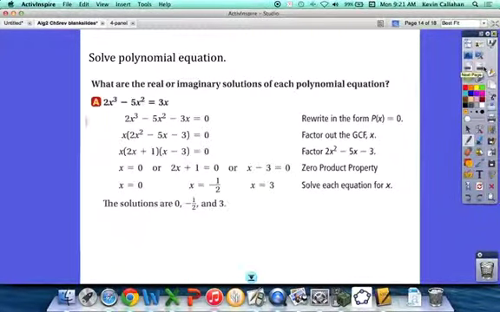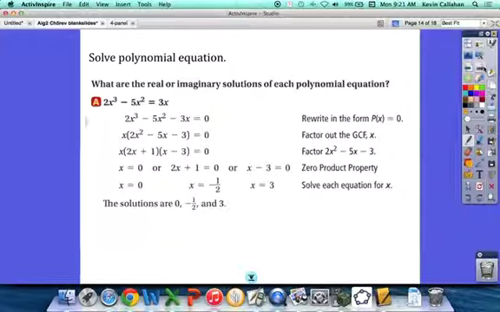Okay, solve a polynomial equation. I believe on your test, what it says is solve. It doesn't tell you how to solve it. You can solve any way you want, right? This one is definitely a factorable problem, in terms of if you factored out the greatest common factor, which is x, what's left inside the parentheses is something you can factor.